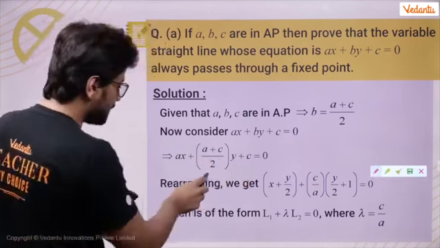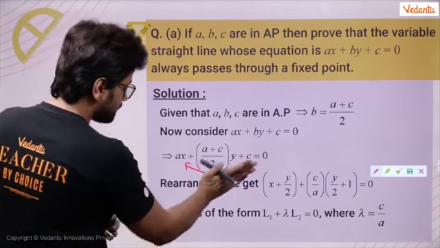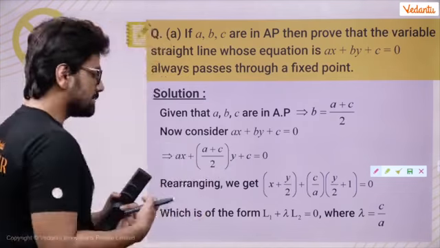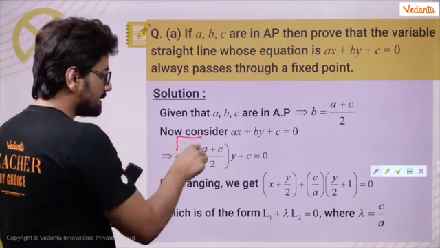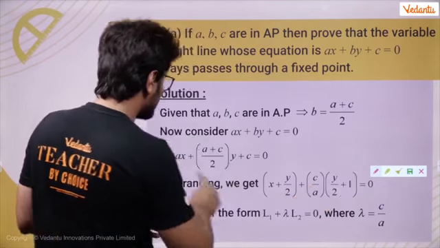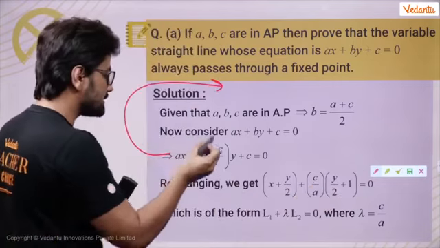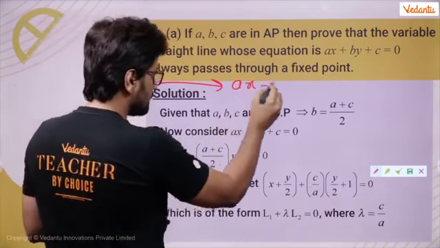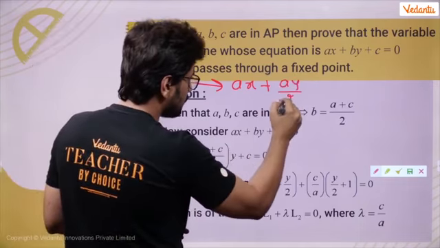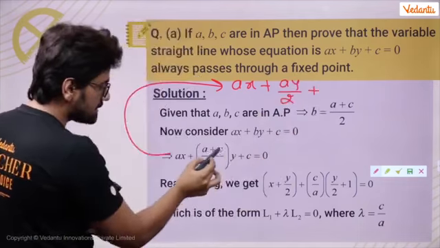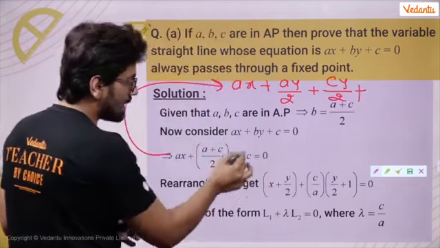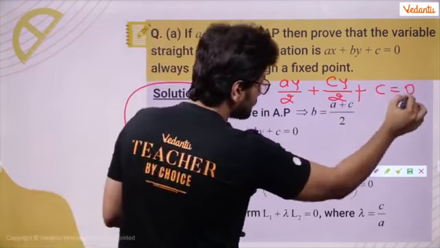Now we simplify this. Bring the terms containing A together and write the equation as ax plus A into y by 2, plus C into y by 2, plus C equal to 0.